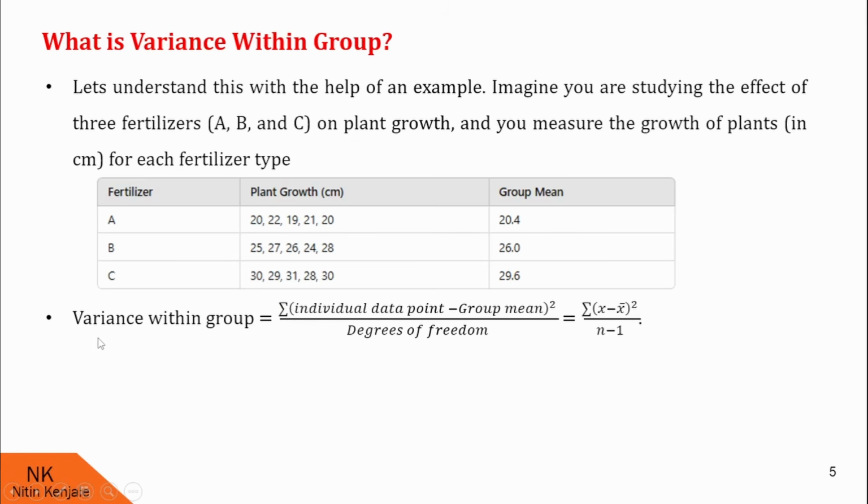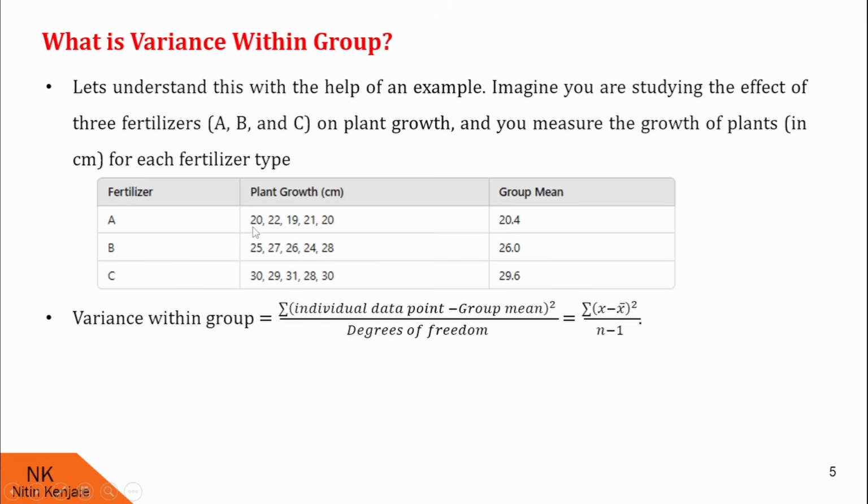Next, I write down variance within group formula, which is summation of individual data point minus group mean the whole square divided by degrees of freedom. Now let us see how to calculate variance within group A using this formula. Here individual data points are 20, 22, 19, 21 and 20. So I'm going to subtract this group mean from each of these individual data points and I'll take square of it.